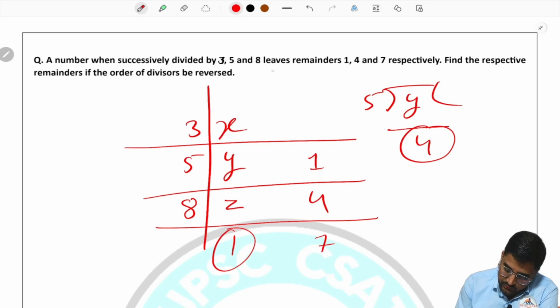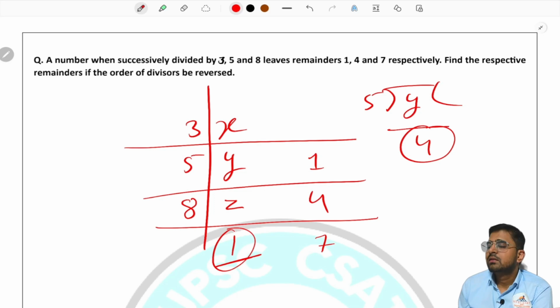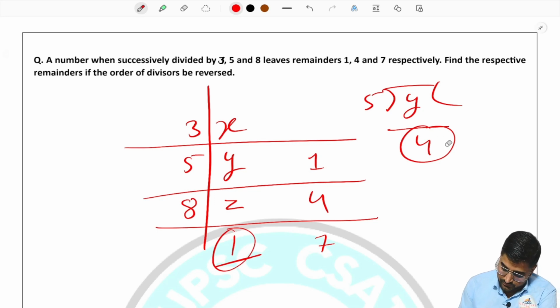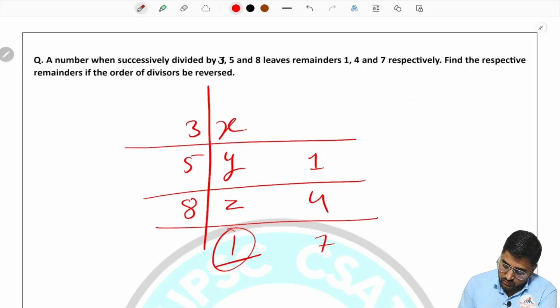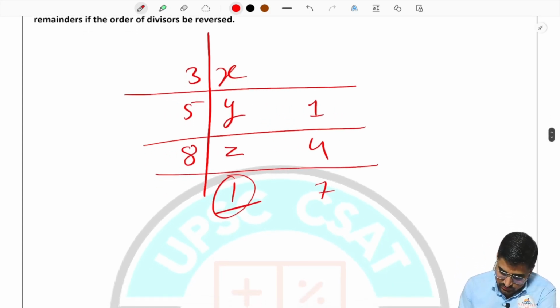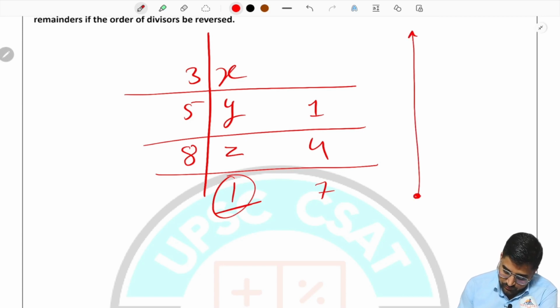And there is no further extension, because there is nothing more, the remainder is 7. Now first let us try to know what the number was. Let's go from the bottom to top.